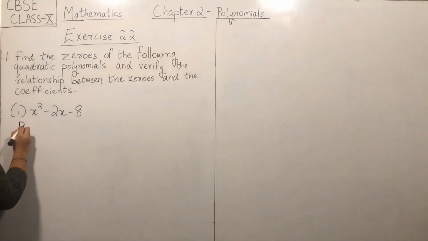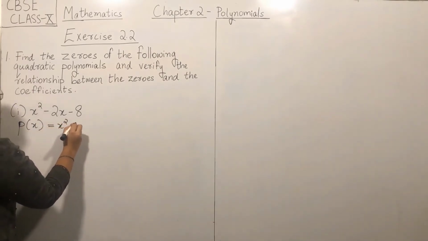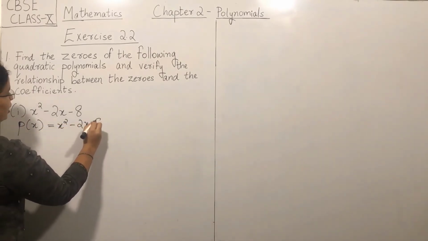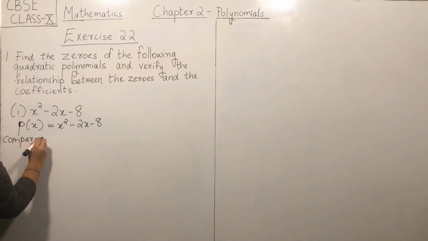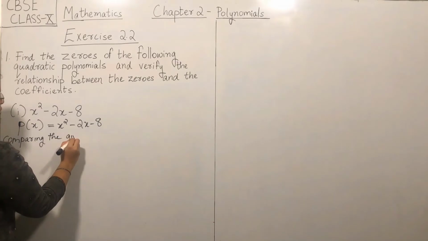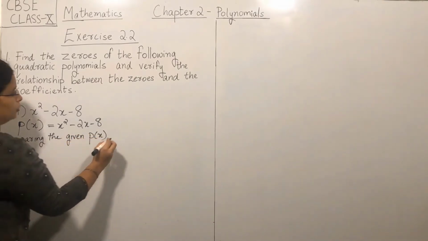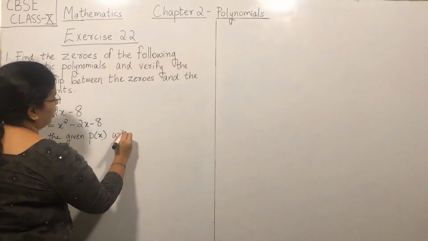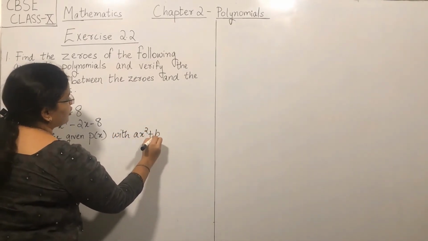Firstly we can write it as P of x equal x square minus 2x minus 8. Okay. P of x. Now we can compare the given P of x with the general form of quadratic polynomial, that is ax square plus bx plus c.